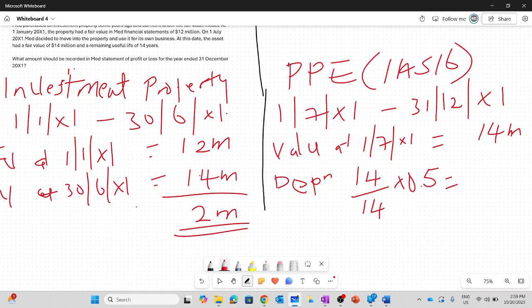Let me use my calculator. So 14 divided by 14 is 1, and multiplied by 0.5 is 0.5, so 0.5M.